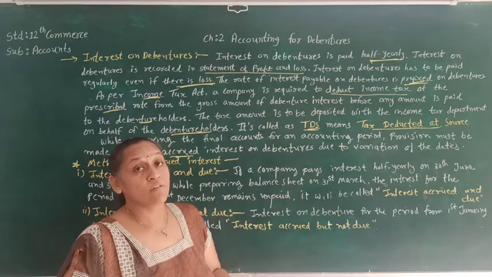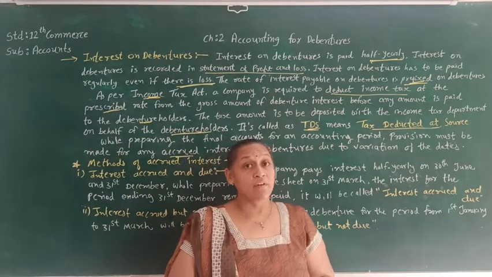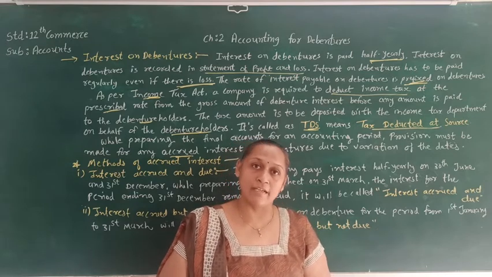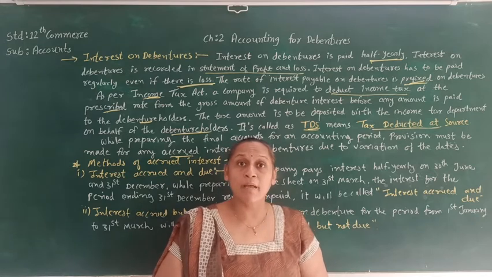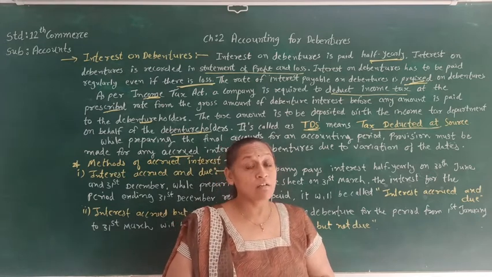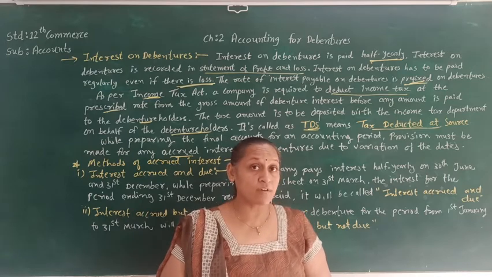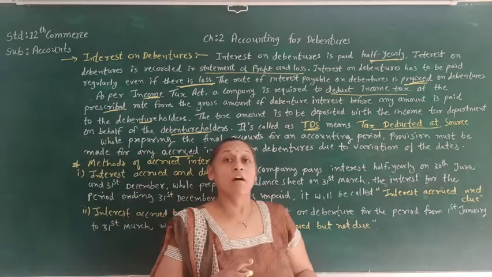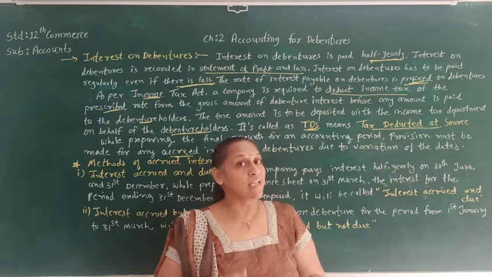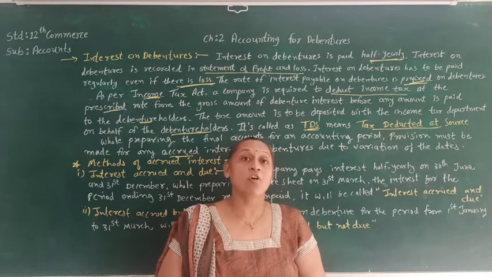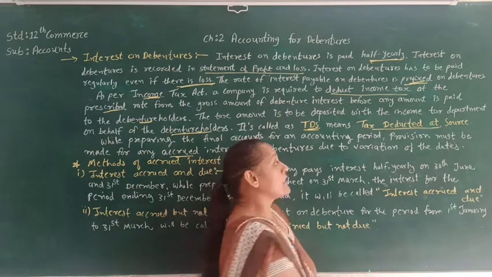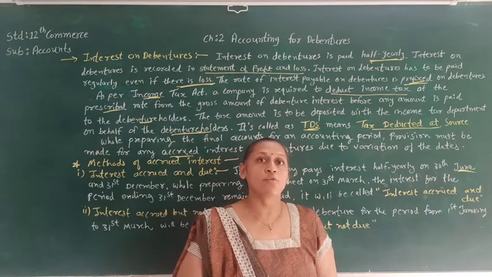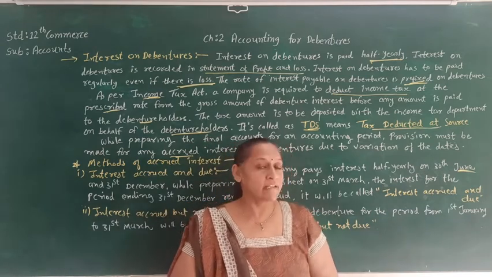We can understand this with the help of an example. If the interest is paid half yearly in June and December, and the books of account are prepared on 31st March, then the interest up to 31st December will be called interest accrued and due, and from 1st January to 31st March, that interest is called interest accrued but not due, because that interest will be due in the month of June. So the accounting treatment will differ in the books of account.